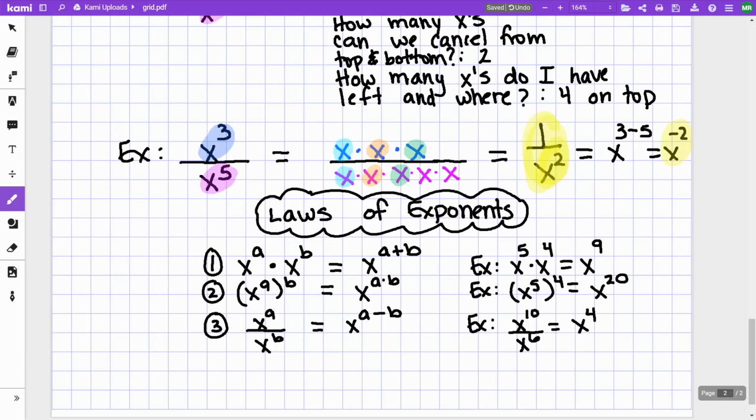Two others that I'm going to write here. If I have x to the negative 1, anytime I raise something to a negative exponent, notice that here, let me grab my spotlight here.